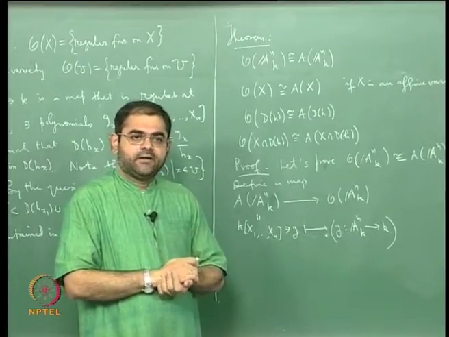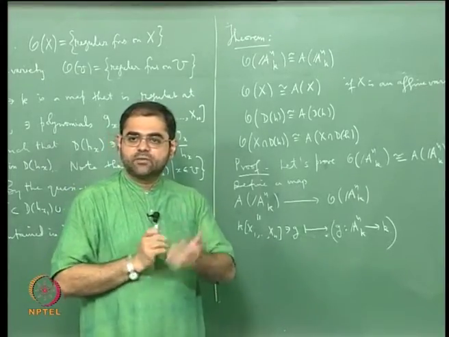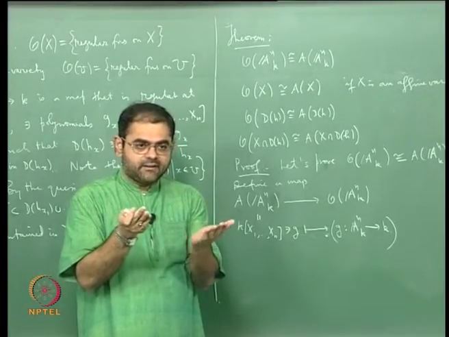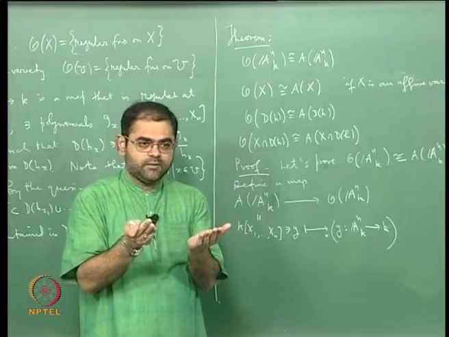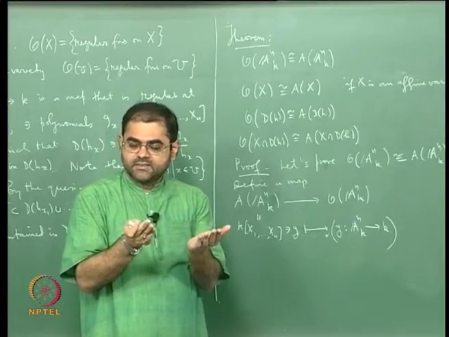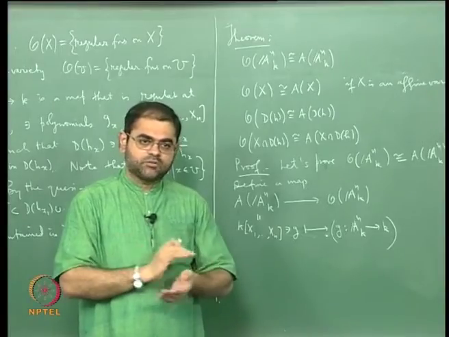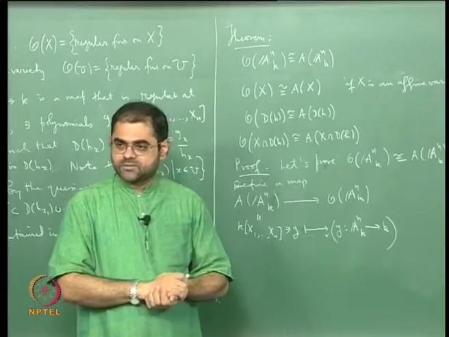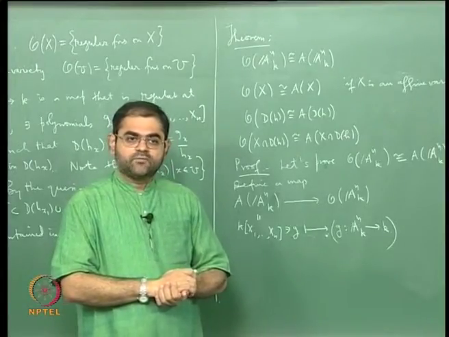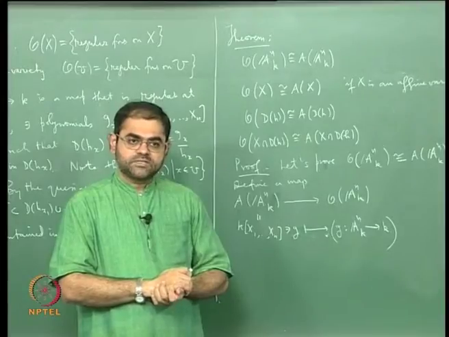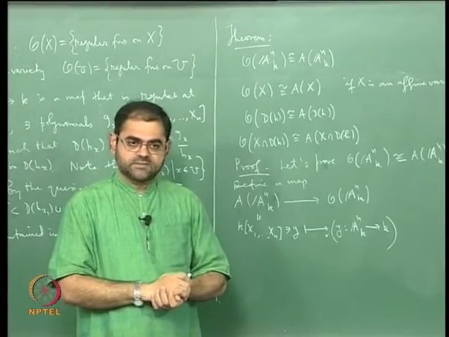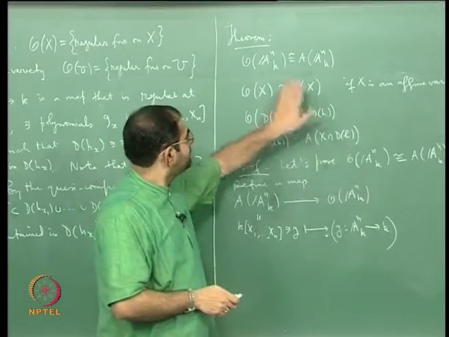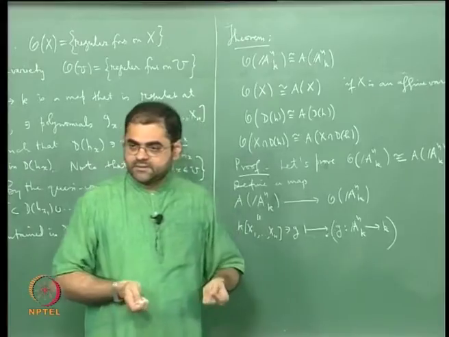A regular function is locally given by a quotient of two polynomials, and if you take two such regular functions and add them in a suitable neighborhood, the sum of quotients of two polynomials is again a quotient of two polynomials, in the correct neighborhood where the denominator does not vanish, and the product of two quotients of polynomials is again a quotient of polynomials.